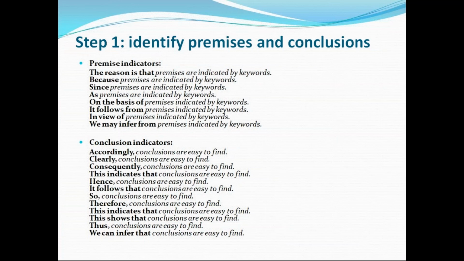You're probably already familiar with this type of language. So because, since, as, on the basis of, it follows from, in view of, we may infer, all indicate premises. Conclusions: accordingly, clearly, consequently, indicates, hence, follows that, so, therefore, and so on.